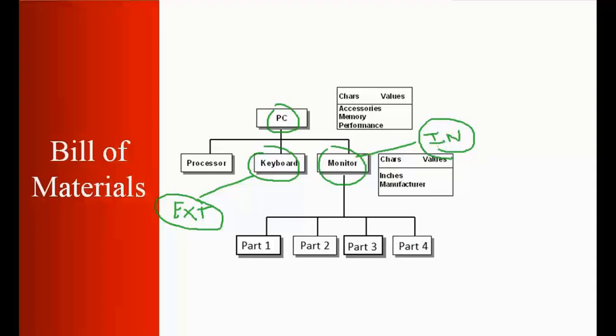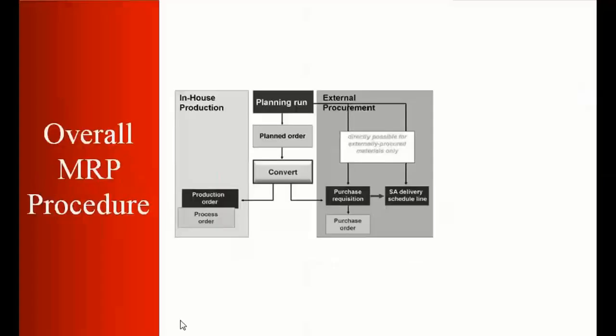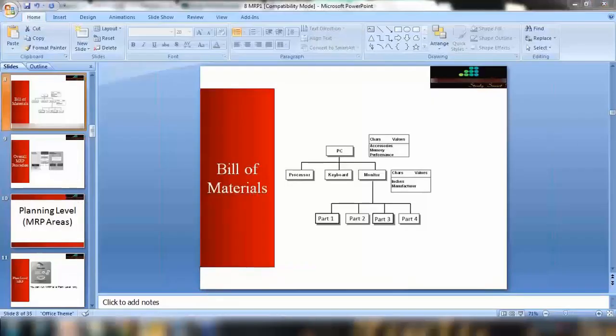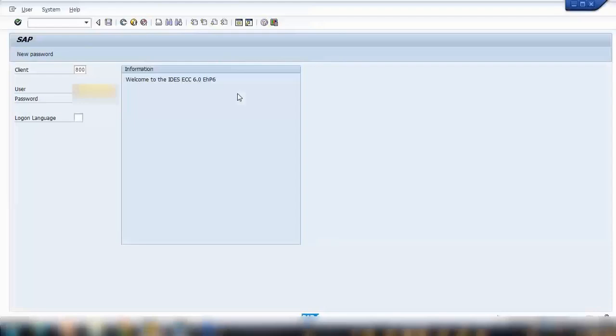Let me show you the material master first, then I'll come back to the next slide. In the previous topics we have seen how we can create a material master record. Let me open an existing product.